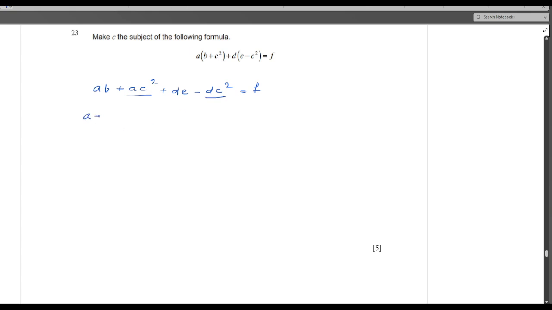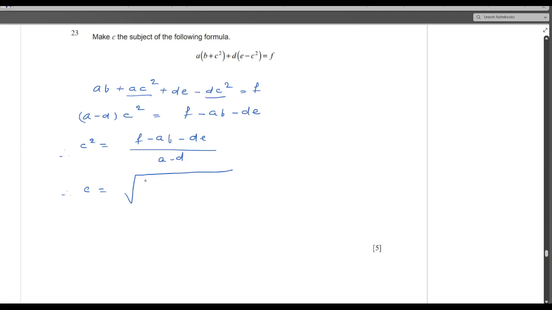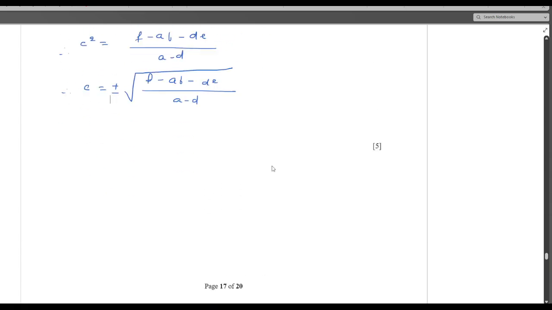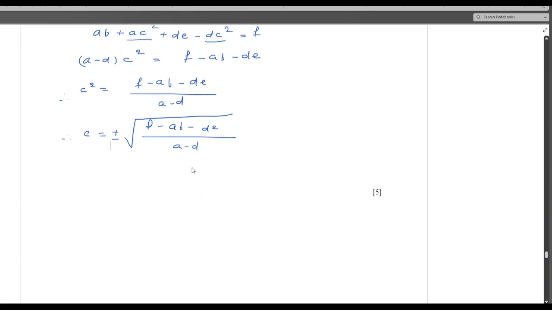So here it is a minus d times c square is equals to, on the right hand side we have f minus ab minus de, and therefore c square is equals to f minus ab minus de whole divided by a minus d, and therefore c is equals to square root of f minus ab minus de divided by a minus d. Now before this, here I should use plus or minus. If you are not writing this minus sign, technically you should lose 1 mark.